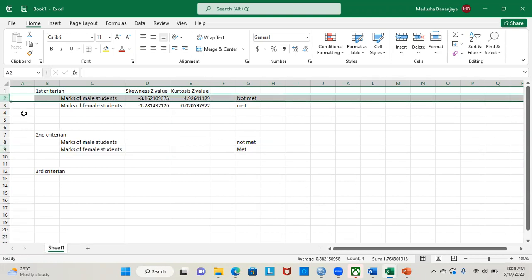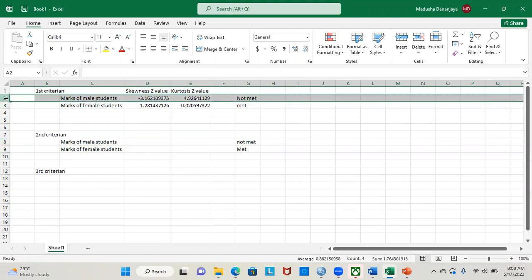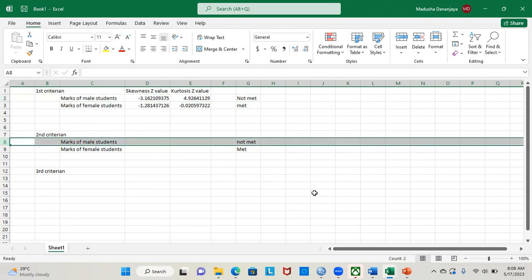But when it comes to marks for male students, both criteria have not been met.